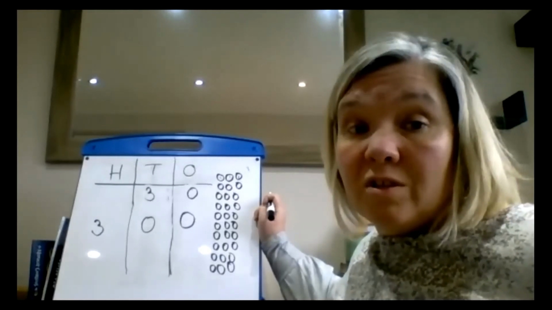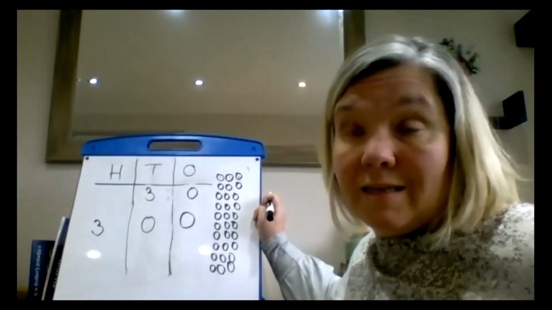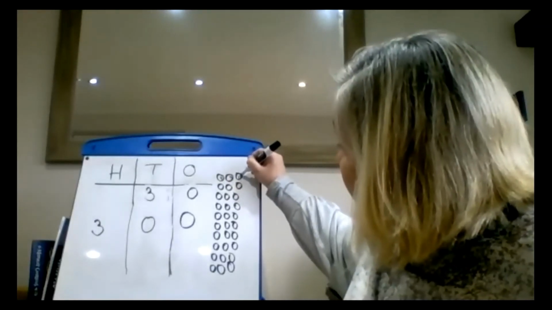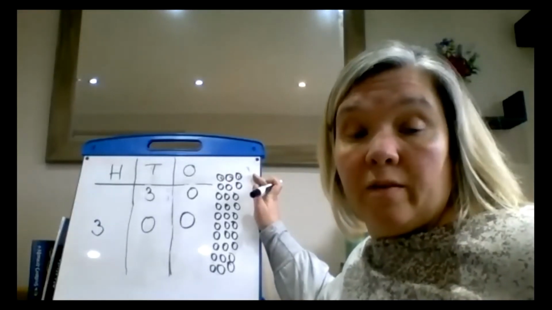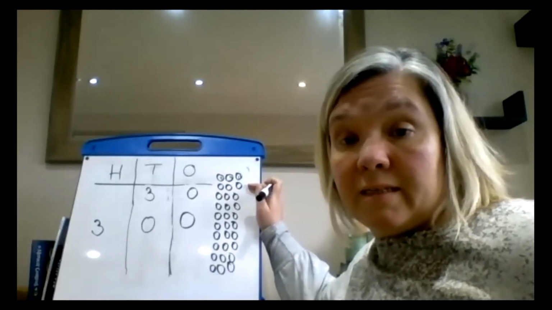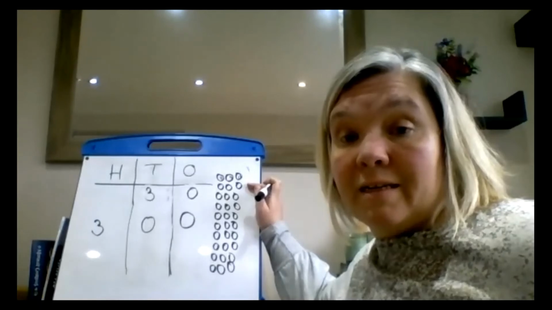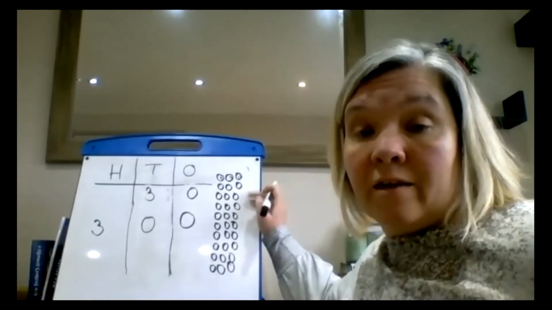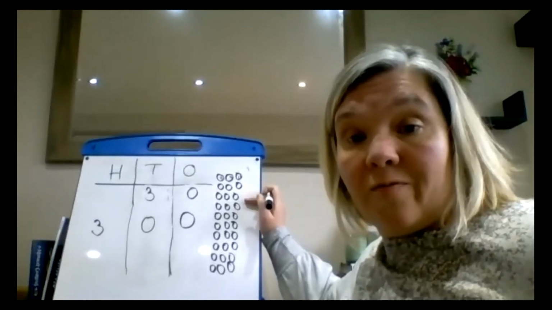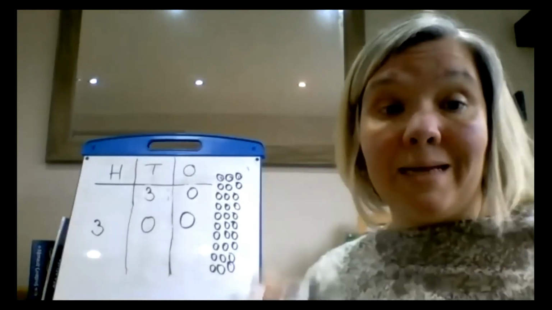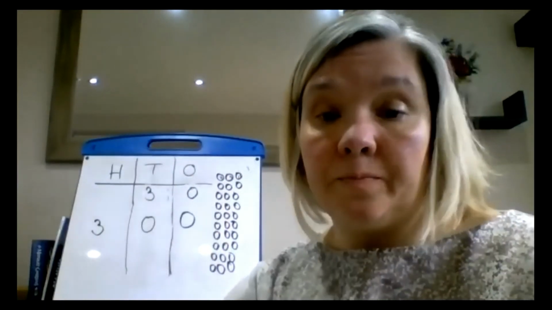Okay, but then if I wanted to do 30 times 10, these would all have a value of 10, wouldn't they? So then it would become 30, 60, 90, 120. So it's changing the value of that counter. It goes from 1 to 10. It makes it 10 times bigger.